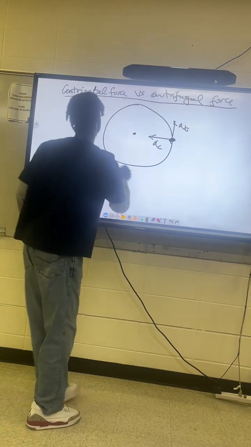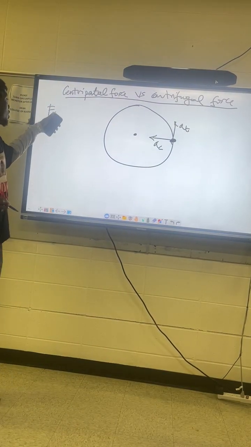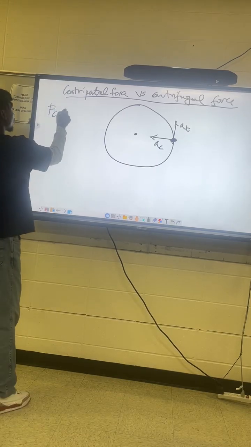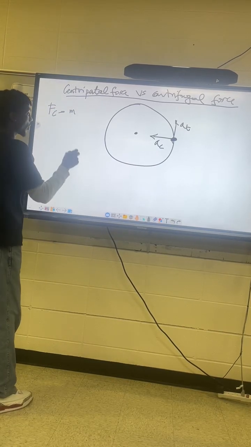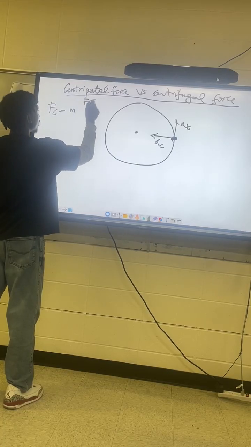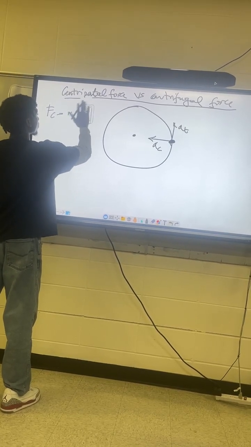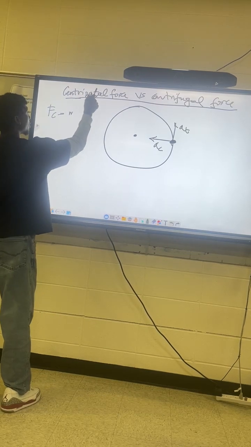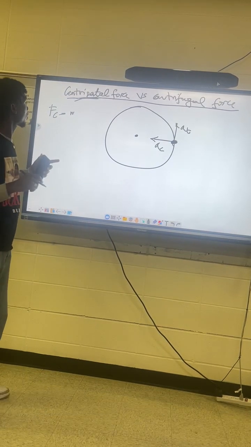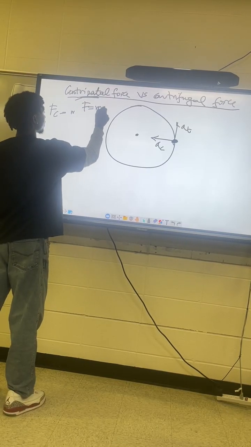So we usually know that the centripetal force, which is usually a constant, Fc, is equal to mass times acceleration, according to Newton's second law: force is equal to mass times acceleration.